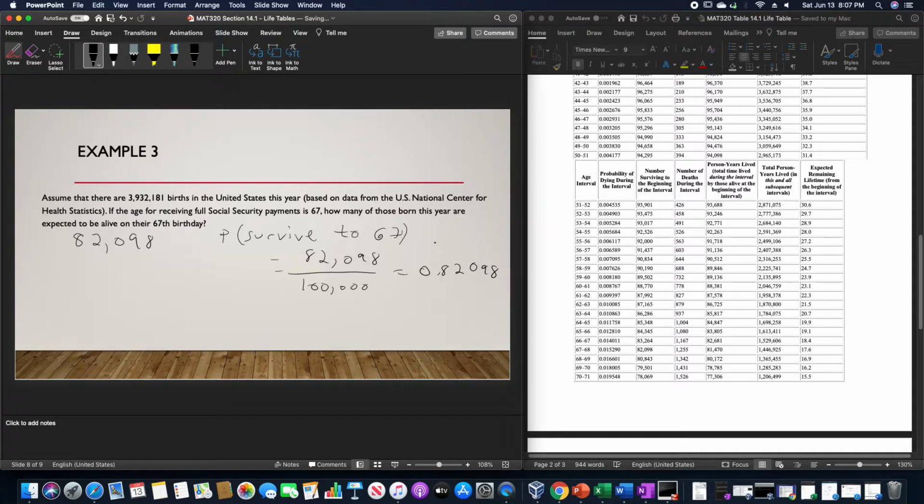And if each of the 3,932,181 newborn people has that same probability of 0.82098 of surviving, we would take the 3,932,181 and multiply by 0.82098. Tossing that into a calculator, we get an answer of about 3,228,242.